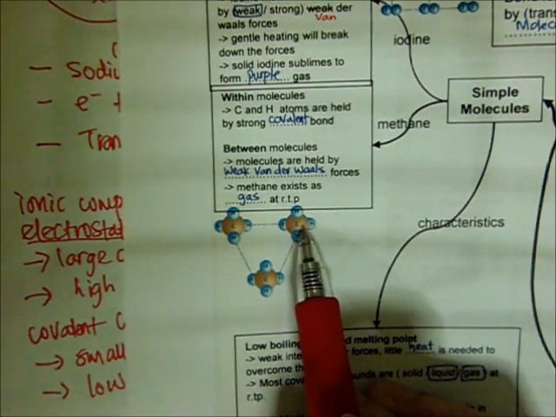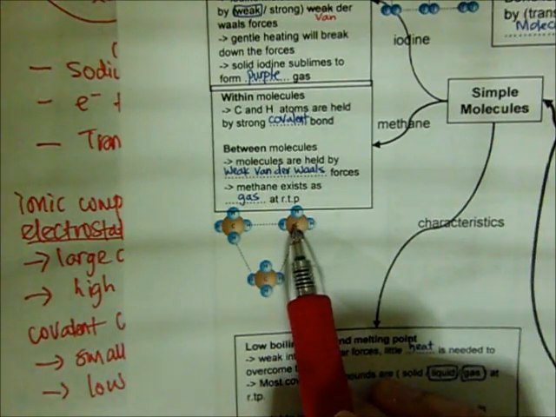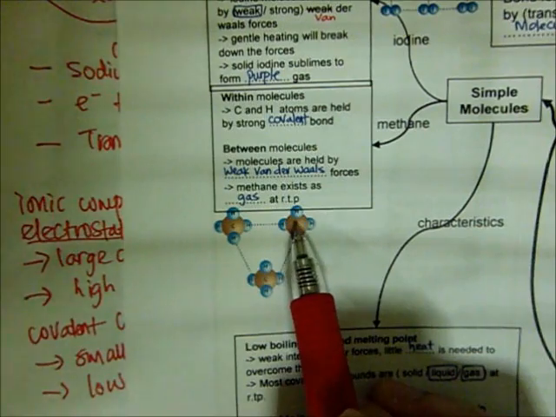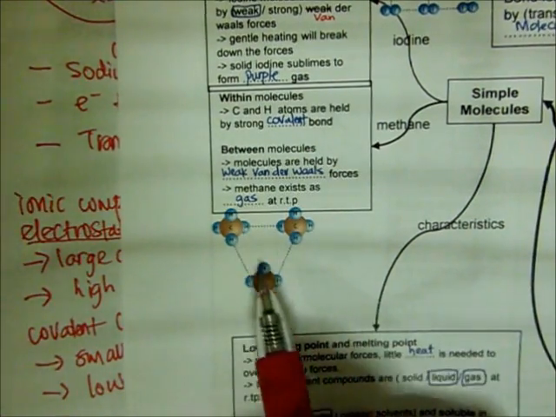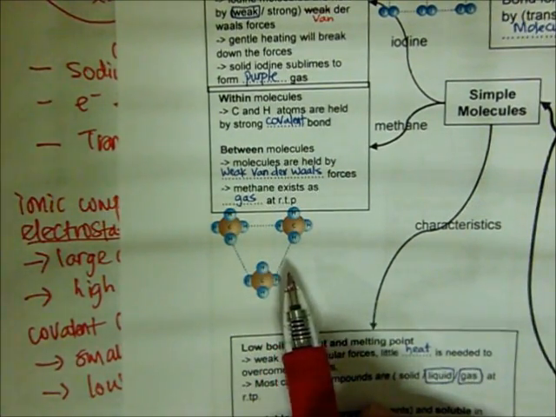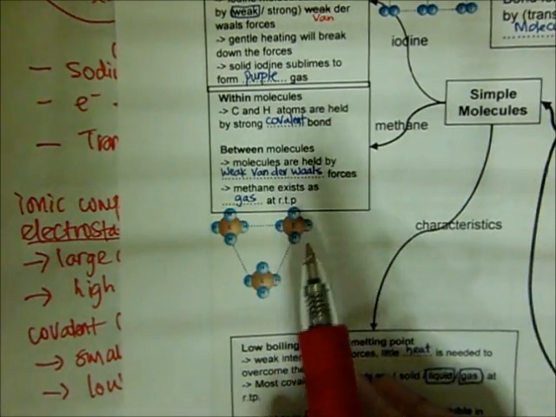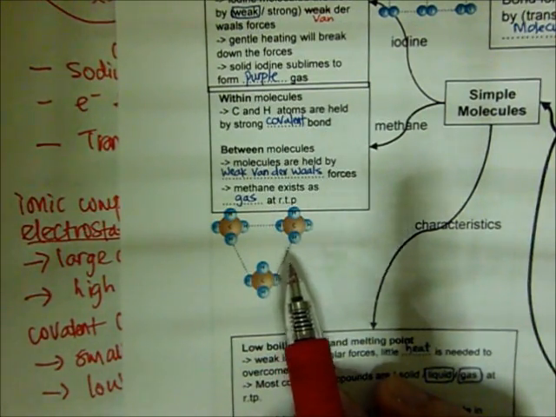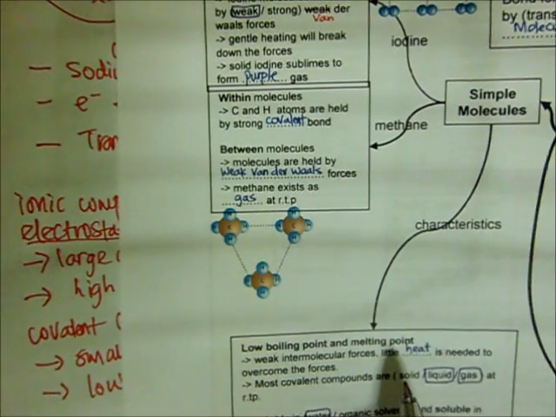But in between the carbon and the hydrogen atoms, the bond is covalent bond. So the covalent bond itself is very strong, but the intermolecular forces that hold all the covalent molecules together are weak. So there are two things here. One is intermolecular forces, which is very weak, and the covalent bond which is very strong.